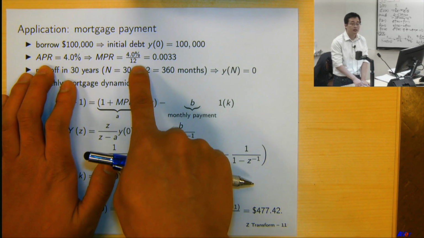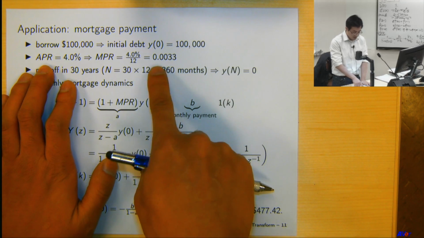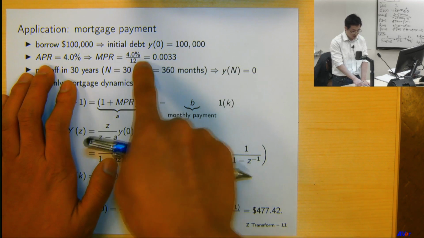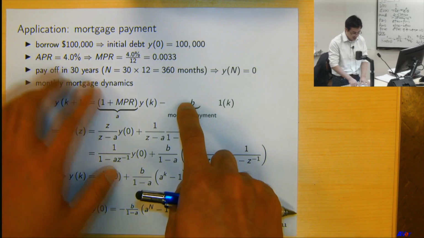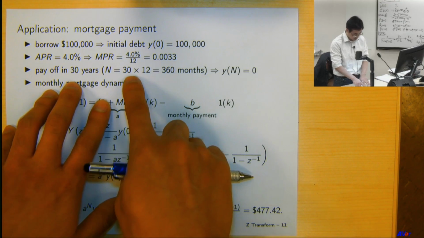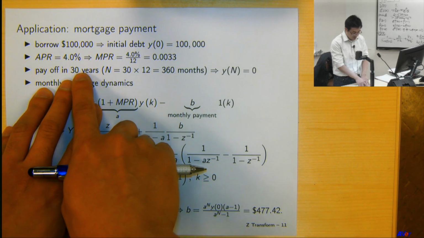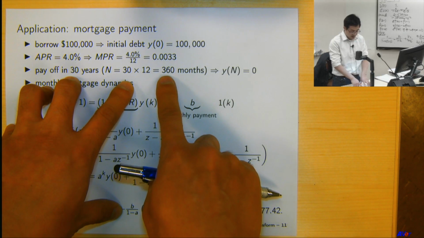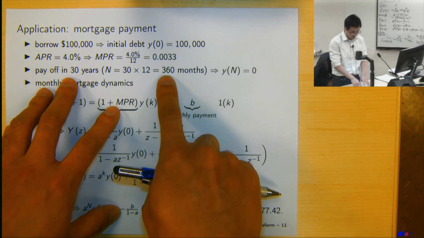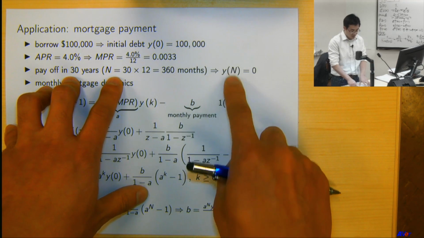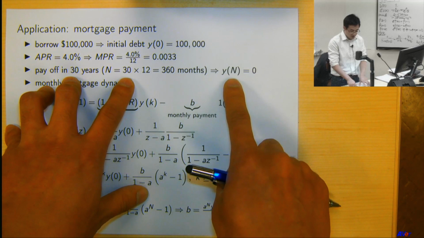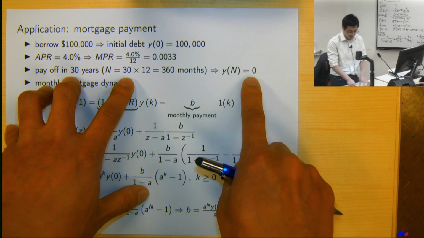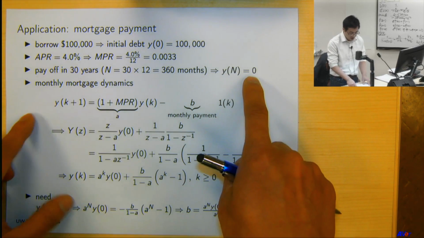That means the monthly percentage rate is 0.0033, just division by 12. So this is the interest rate you're paying monthly. You want to pay within 30 years, so it's 30 years times 12. You're going to pay off in 360 months. So let n equal 360, then at the end of these 360 months, you've paid off. You don't need to pay anything, so your debt is going to be 0.